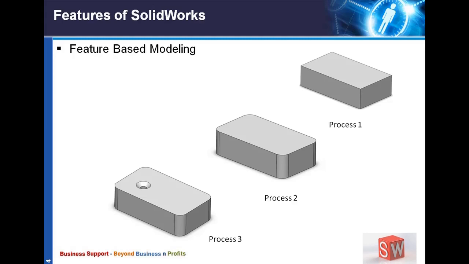To create this type of model, the first process is creating a block, and then we blend all the sharp corners. The third process is to make a hole, and this is called feature based modeling. A feature is nothing but a building block in a geometry, and geometry is easily understandable shapes. This is known as feature based modeling.